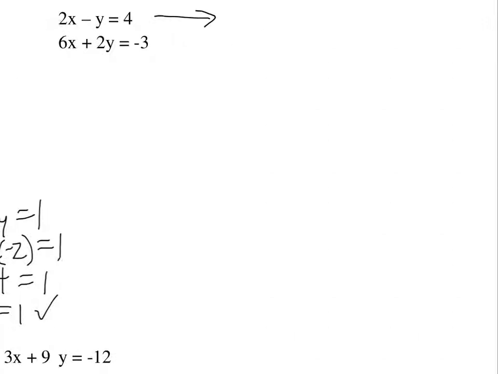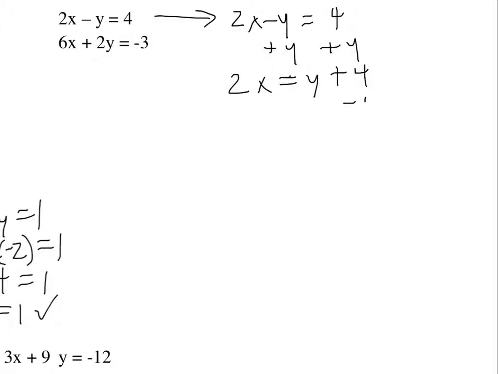So I'm going to solve the first equation for y. Because it's 2x minus y, there's no numerical coefficient except 1. It's understood to be a negative 1. So if we take our 2x minus y equals 4, let's add y to both sides, because I would like for y to be positive. 2x equals y plus 4.